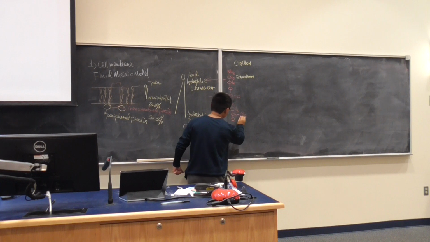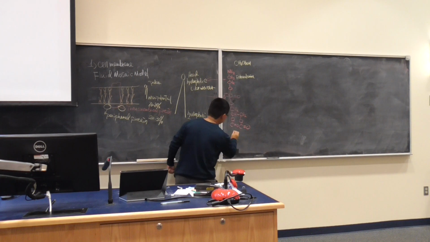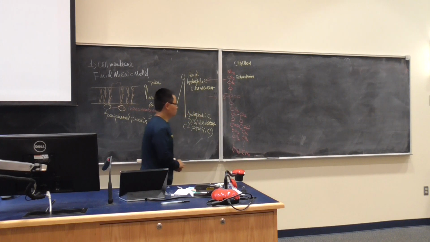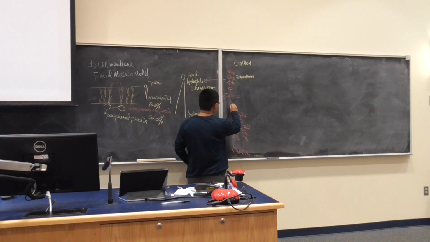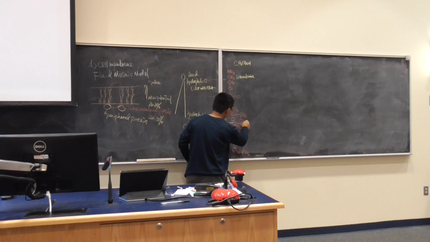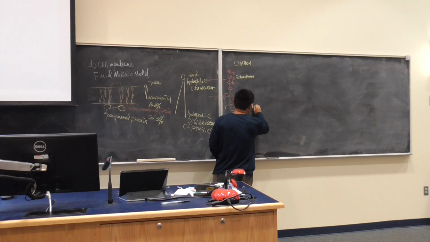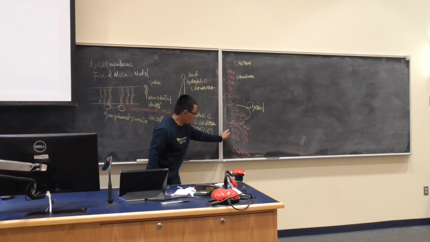So we go O, O, C. Then we go CH2, CH2. Go to the end, CH2, CH2, CH2, CH2. What is this structure right here? Glycerol. Is that right?